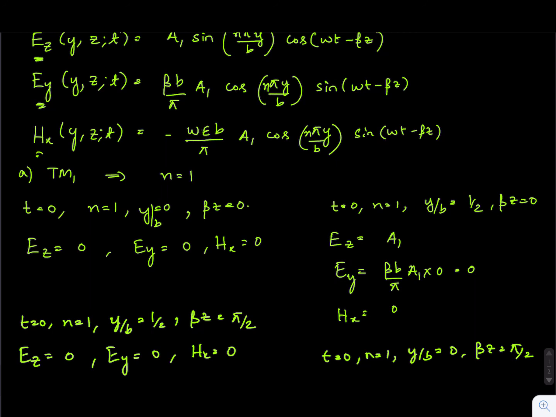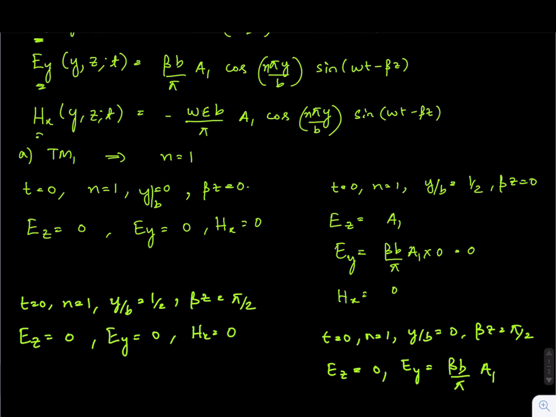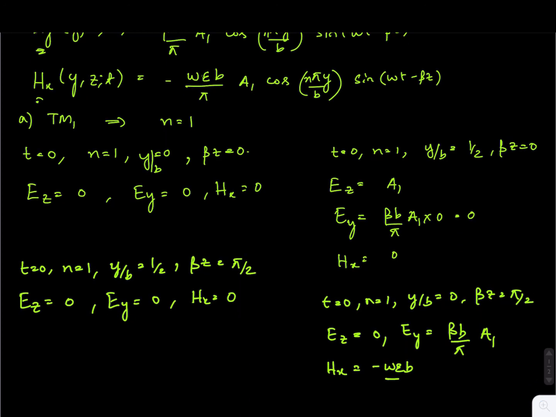Now you will get Ez equals 0, Ey equals some value because it's cos 0 and sine pi by 2, and Hx is again going to have some value, a1 times cos 0, which is 1, times sine 90 degrees, so it's going to be positive.